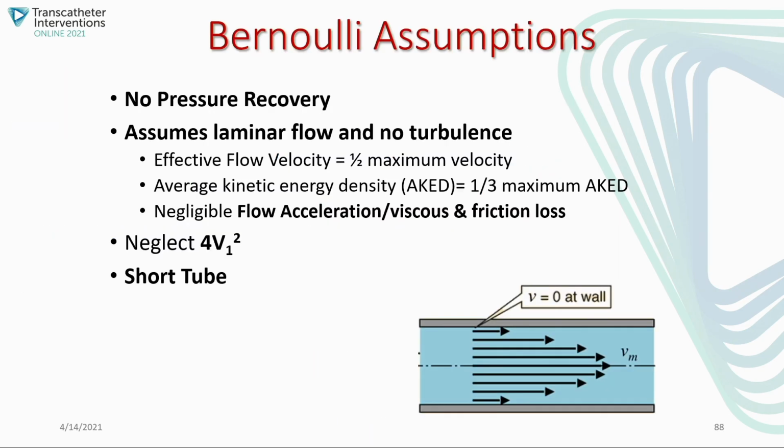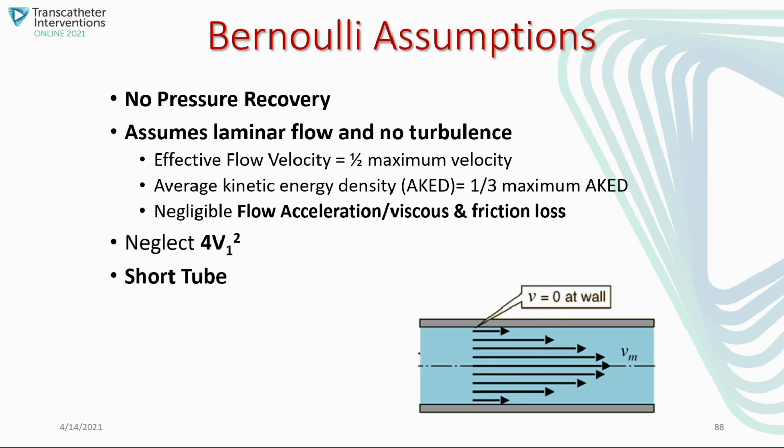So this is, of course, one of the reasons why we may have some discordance between CAT and echo. The other thing is that the Bernoulli formula assumes a laminar flow and no turbulence. As we just said, for clinical use we neglect 4 times V1 squared, the pre-valvular velocity.